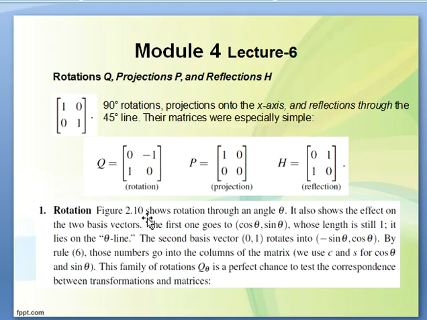So the same we are discussing here. When the vector is rotated, (1, 0) is the first basis of this identity matrix. When it is rotated by an angle theta, it gives the components cos theta and sin theta, and (0, 1), the other component, when rotated by an angle theta, gives us minus sin theta and cos theta.